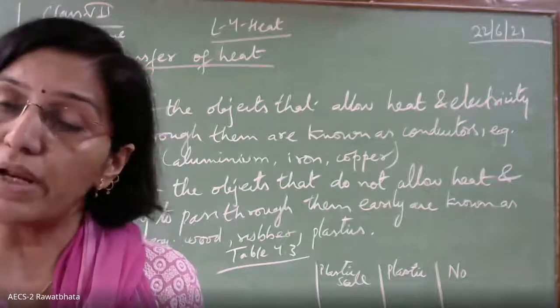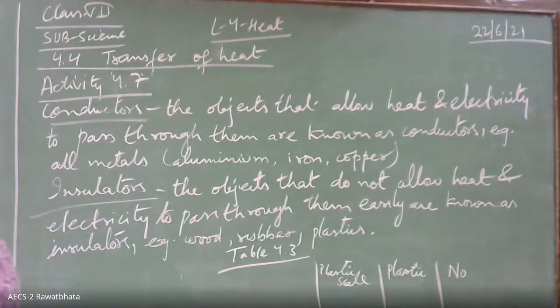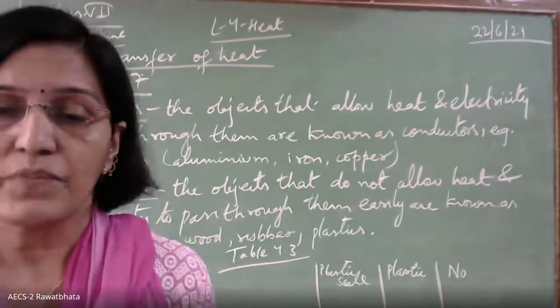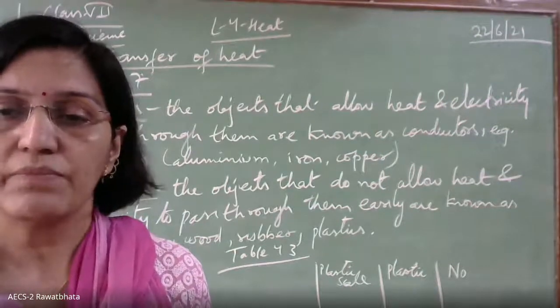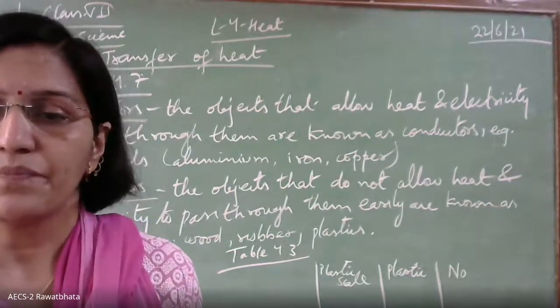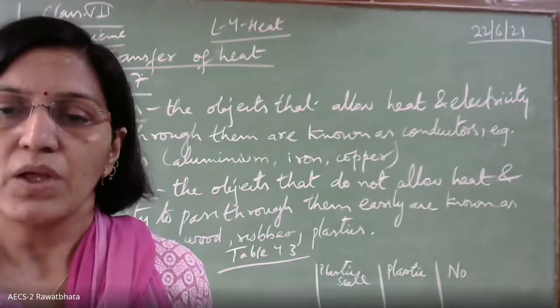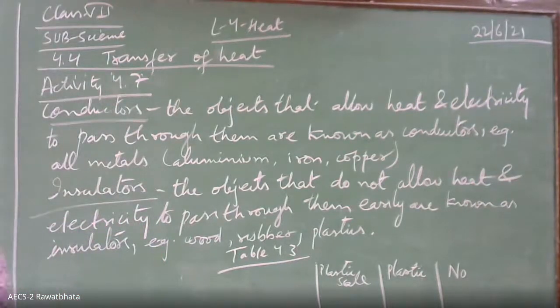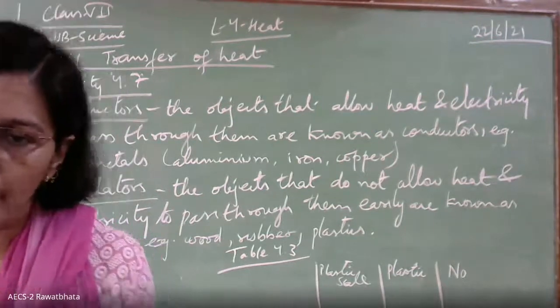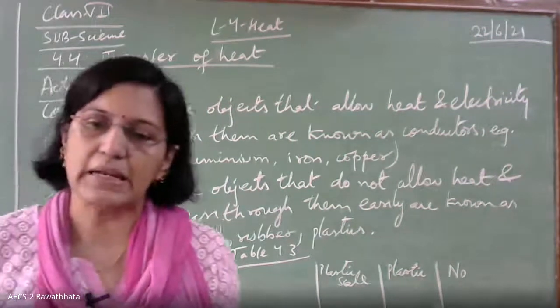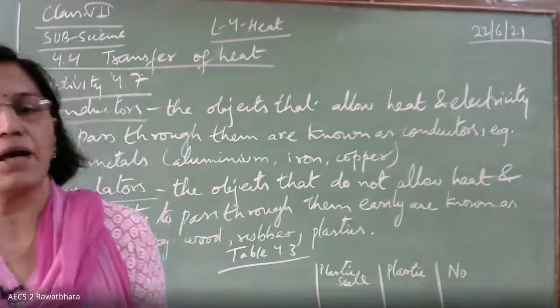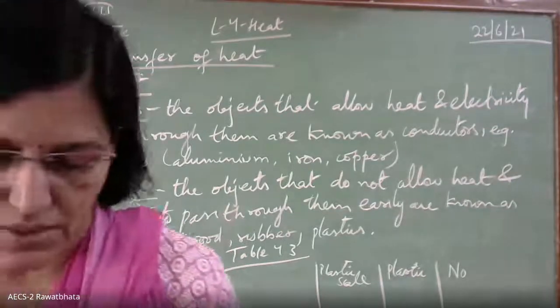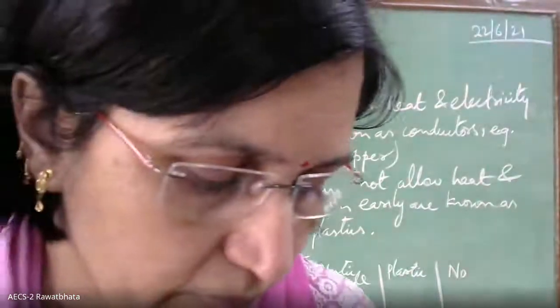We are supposed to write according to the table, beta. Okay? Clear? Chirag? First column, steel scale. Second column, steel or metallic scale, and the next column, steel. And the last one will be yes, because it is going to conduct.